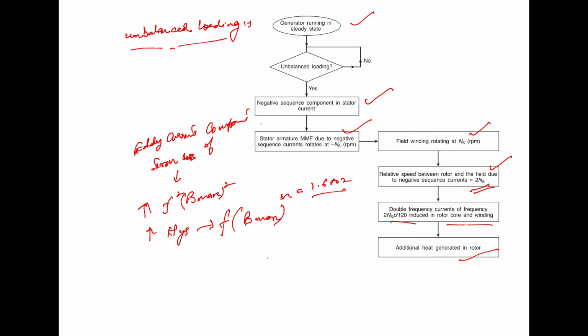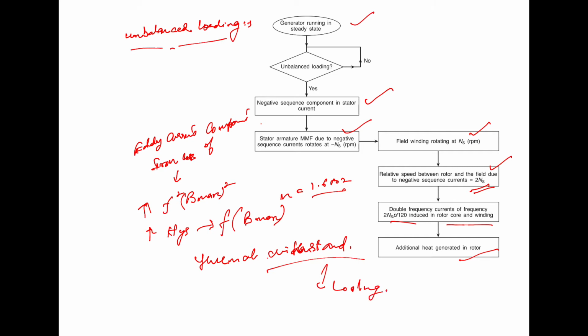How long the generator can be allowed to run under unbalanced loading depends upon the thermal withstand capacity of the machine, which in turn depends upon the type of cooling adopted.